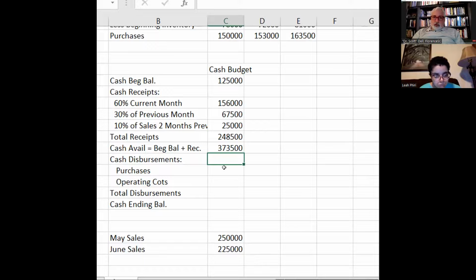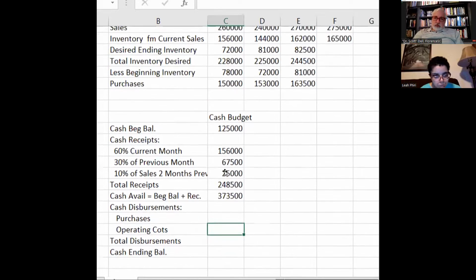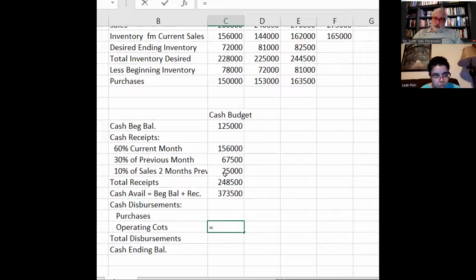All right, cash disbursements now. What were our purchases? Well, we calculated that here already. For our total purchases, 150,000. Sounds good.